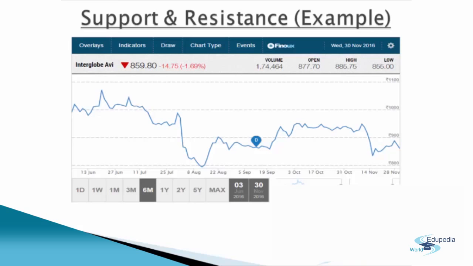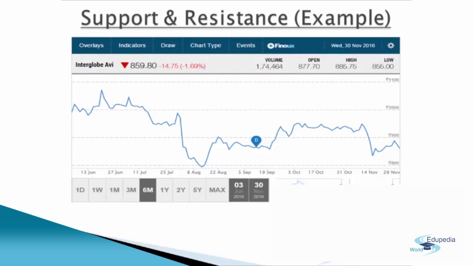Support is basically the position where the price won't decline further. So here that was 800 rupees, and resistance was the level beyond which the price won't go up, and that was 950 in the case of 14th of November.